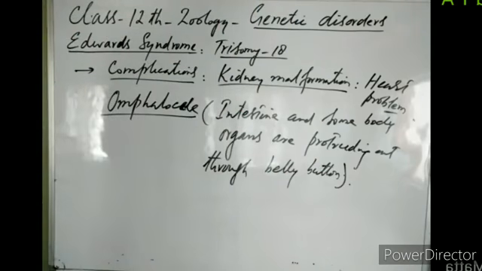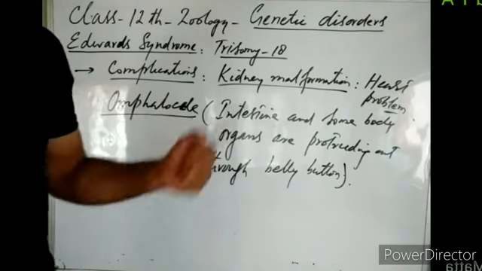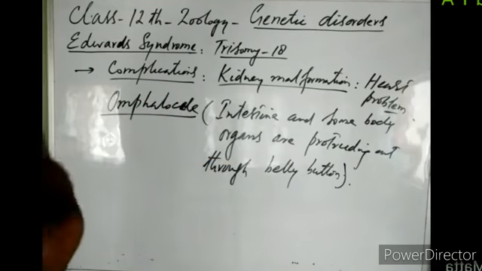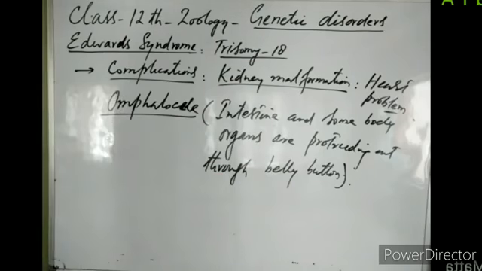So they mostly suffer from omphalocele. Omphalocele means that some parts of the intestine and some other body organs may be bulging out of the abdominal cavity through the belly button. That condition is known as omphalocele.